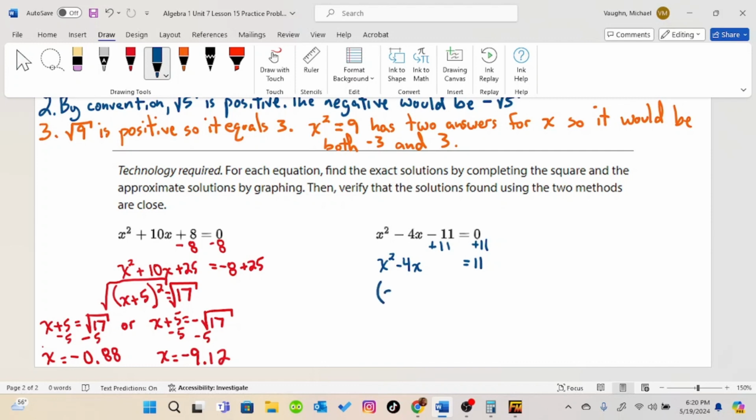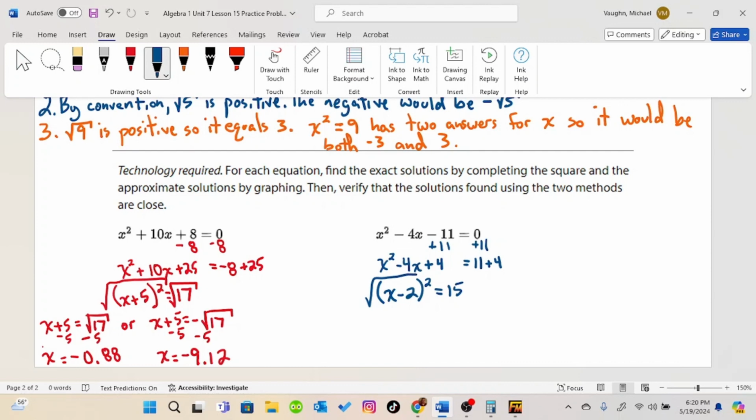So our factored form is going to be x minus 2 squared. Now we're going to square negative 2, which is 4. So we add 4 to both sides, and we get x minus 2 squared equals 15.